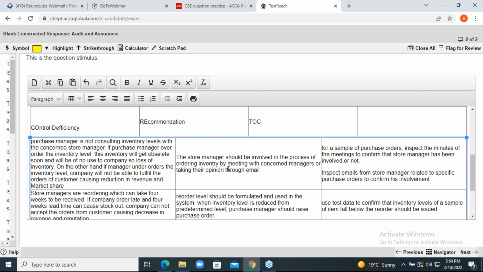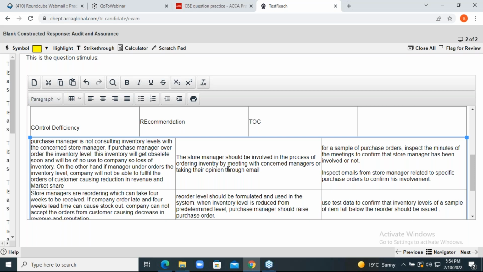So I'm hopeful that you are now aware of the control deficiencies, recommendation, and test of controls. We have seen 2 questions. In the first question, we saw the sales system and discussed how tests of controls could be applied. In the second question, we discussed the control deficiencies in the purchase system, how we can identify the control deficiency, and how we can write a recommendation and test of control.